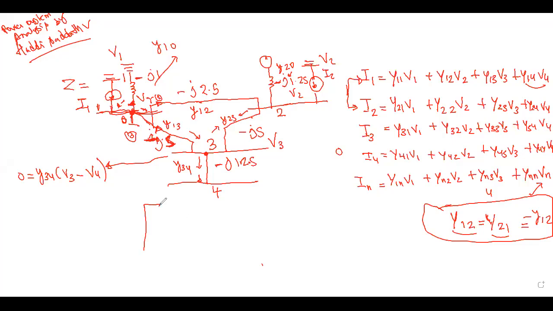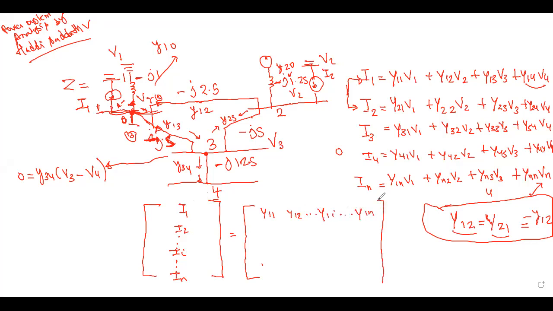So this whole thing I can write in the matrix form like this. I can write here I1, I2, similarly Ii up to IN, and here I can write the same thing in this form. That is your Y11, Y12, Y1i, Y1N, and same thing here also Y21, Y22, Y2i.